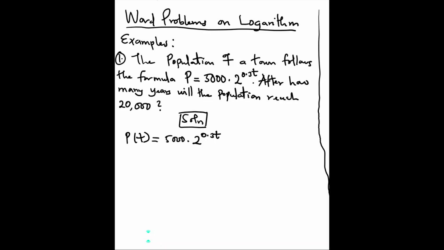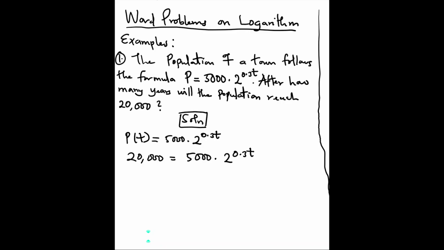Okay, I have to find t when P is equal to 20,000. So if we are asked to find P equal to 20,000, we are going to set up the equation like this, because P of t is 20,000, so that 20,000 equals 5,000 times 2 exponent 0.3t.